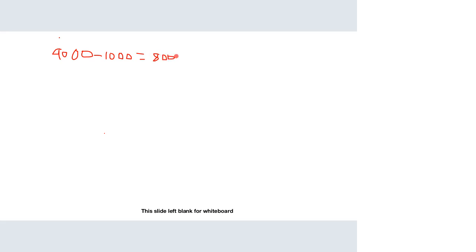Now this 8,000, the capital will be paid in 4 installments. So we'll divide this 8,000 by 4, and we'll get 2,000 shillings.